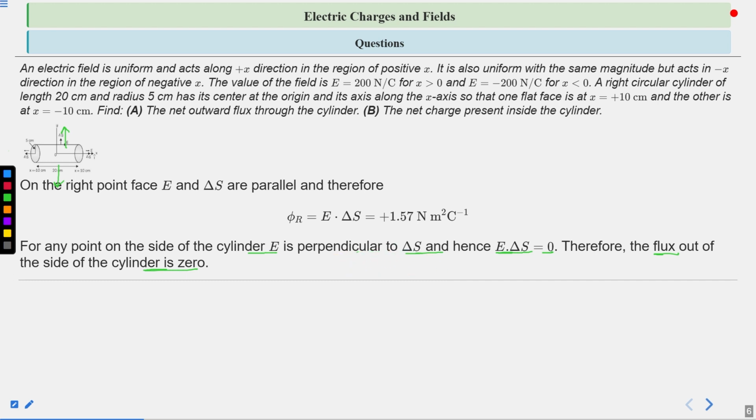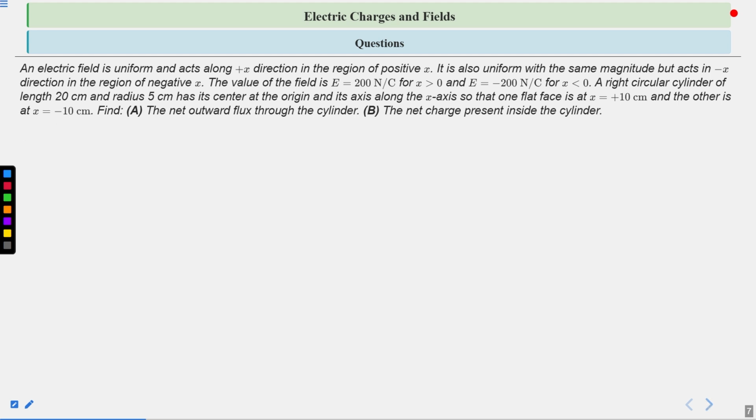Now we know the flux through the right face, the flux through the left face, and the flux through the curved surface. Then what will be the net flux through this given system? The flux through the right face plus the flux through the left face plus the flux through the curved surface. So the net outward flux through the cylinder is this one.